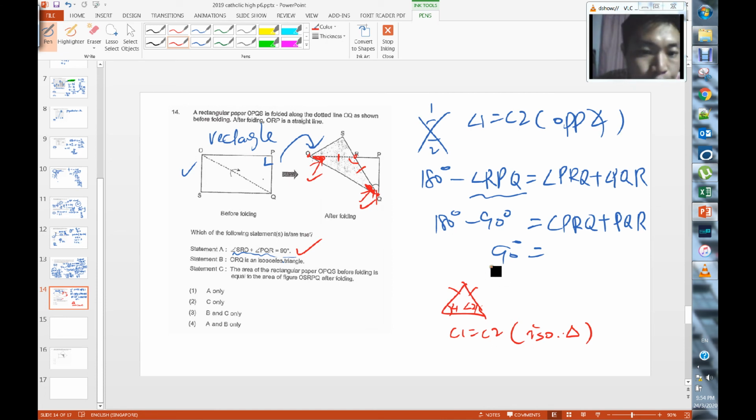How do you do it? You can do it this way. Now you can see that this angle is actually equal to this angle. So you just need to ask yourself, what is this angle?